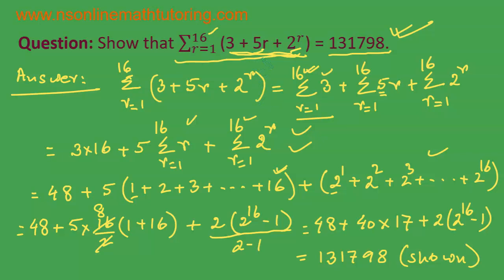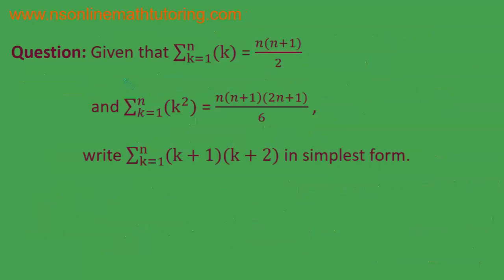Now let us come to the next question of this session. So the second question is, given that sigma k from k equal to 1 to n, that means 1 plus 2 plus 3 plus 4 plus up to n. This is an arithmetic series.